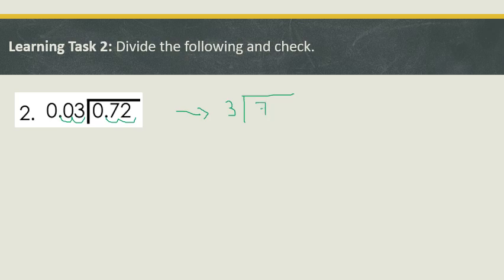Okay, kaya siya magiging 72. 7 divided by 3 is 2. 2 times 3 is 6. 7 minus 6 is 1. Bring down 2. 12 divided by 3 is 4. 4 times 3 is 12. 12 minus 12 is 0. So, ang answer natin dito is 24.